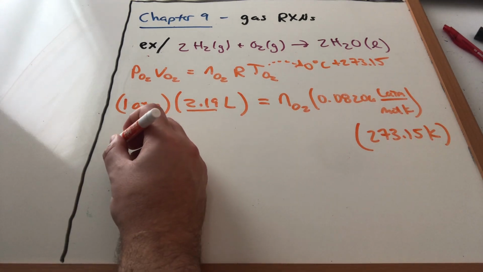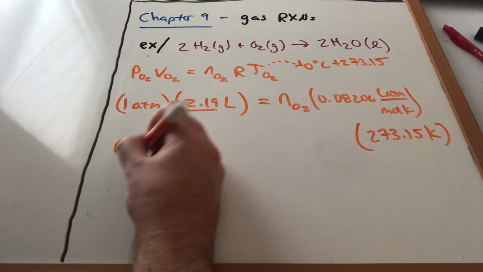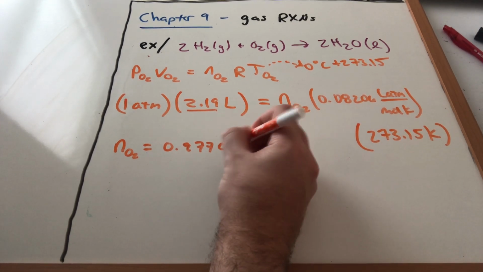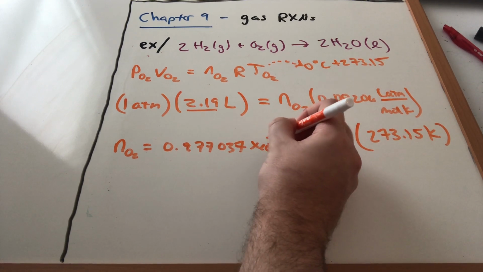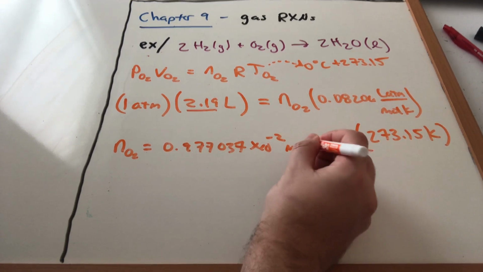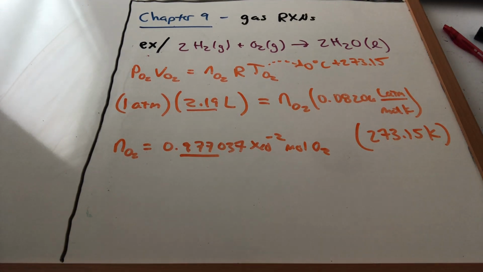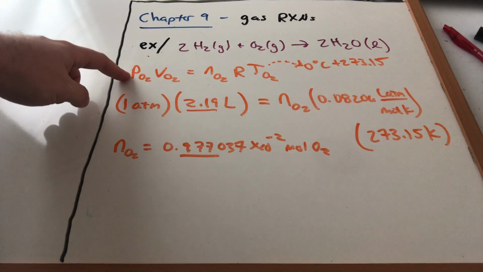So when I do this math, what I get for the number of moles of oxygen is 0.977037 times 10 to the minus 2 moles of oxygen. Now we could do the same thing for hydrogen, but this is an interesting problem because if you think about your setup for hydrogen, what was the pressure of hydrogen?